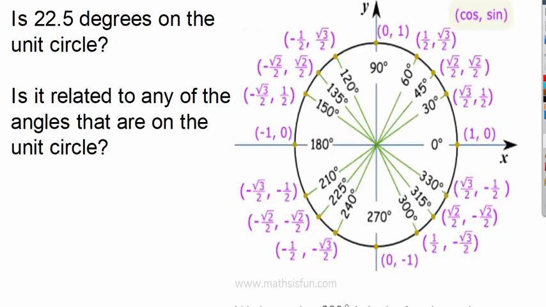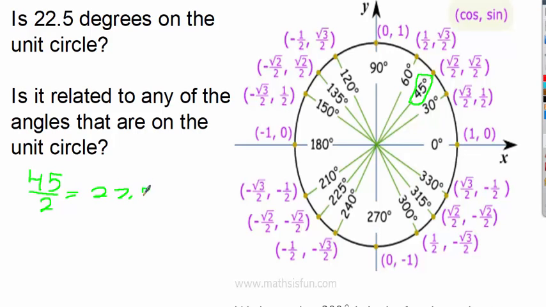So where the heck is 22.5 degrees? Can I find it anywhere here? What I could do is take 45 degrees and cut it in half. That would get me 22.5.